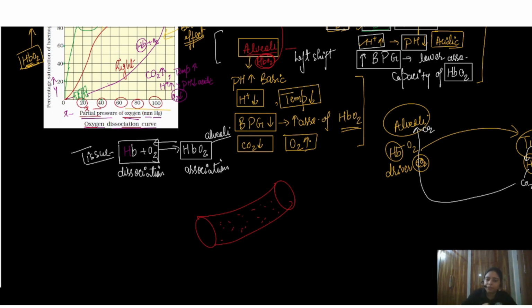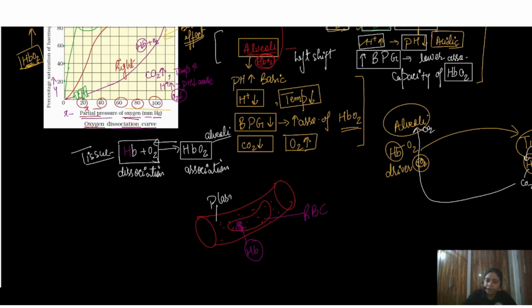In the blood we have the RBC, this is the RBC, and inside the RBC we have seen the hemoglobin, which makes the association or the dissociation of the O2 and the CO2, whether in the tissues or in the alveoli. This is the RBC, and this would be the blood plasma.